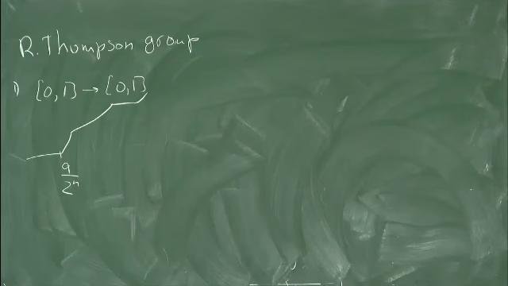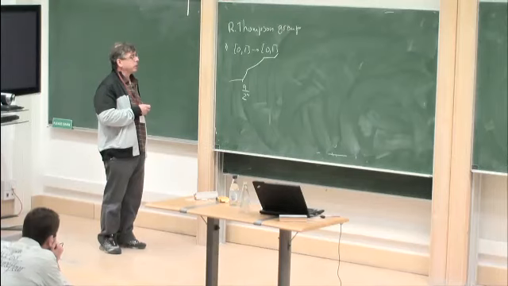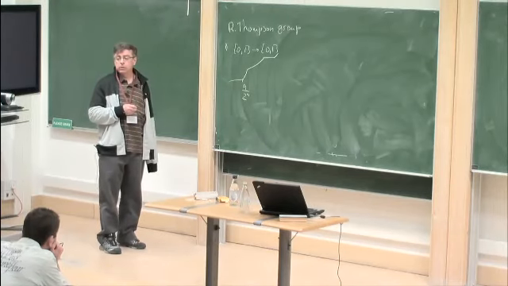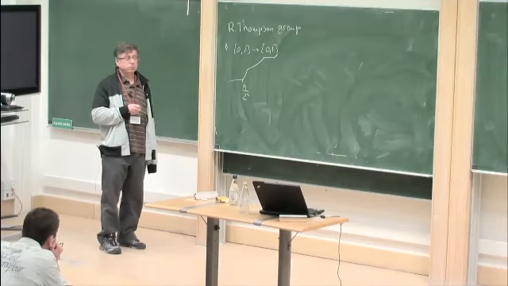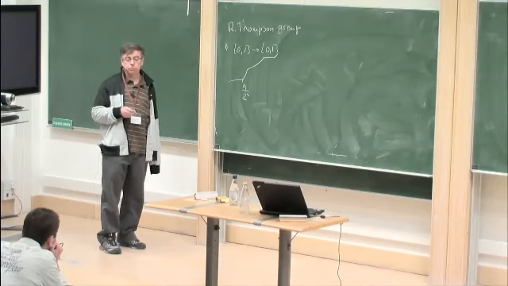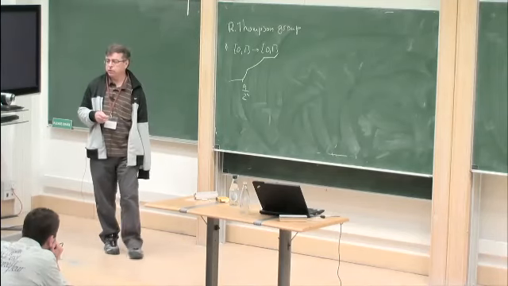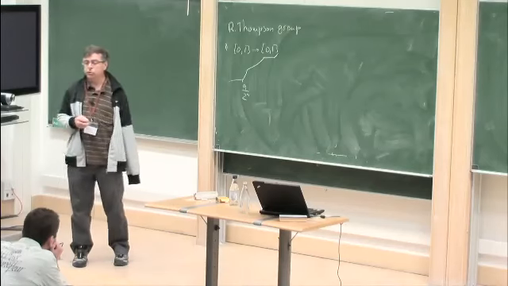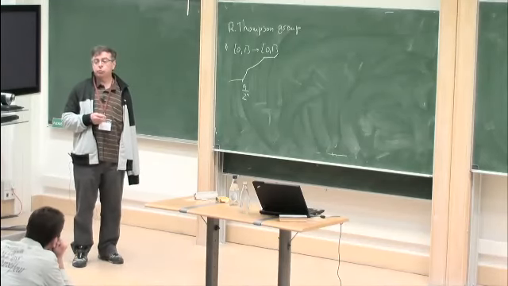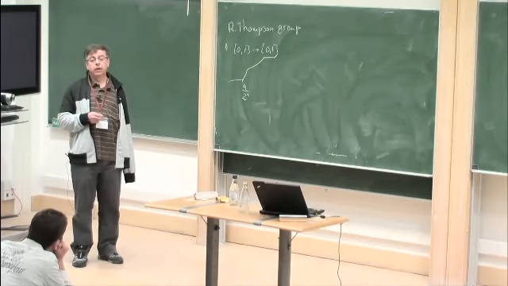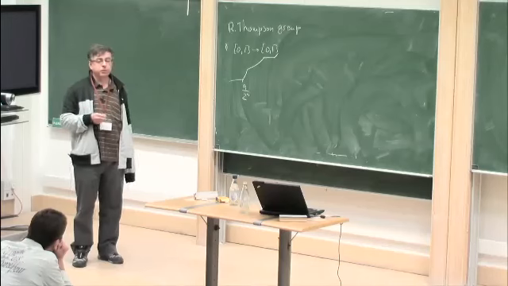One property of this group, which was noticed right at the beginning when the group was introduced in the 60s, is that this group doesn't contain free subgroups. In fact, it has the following property.